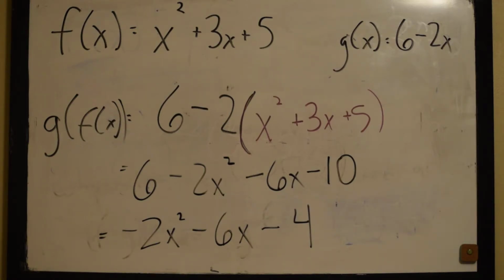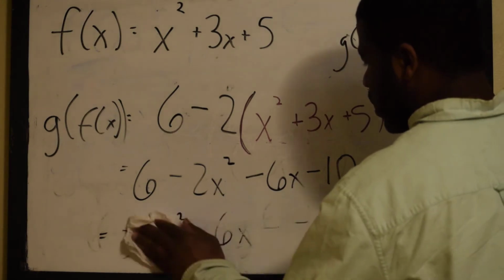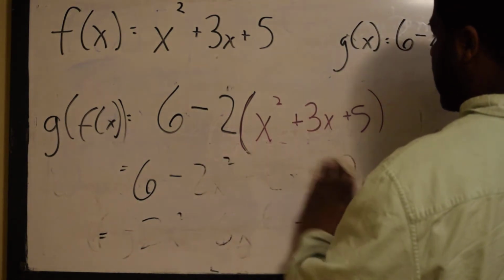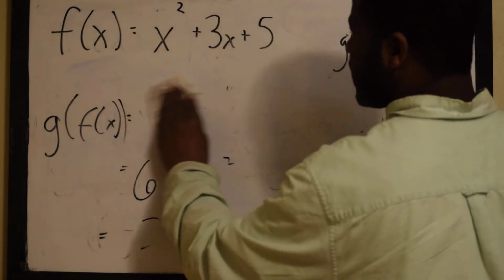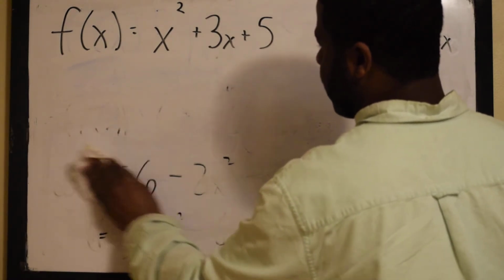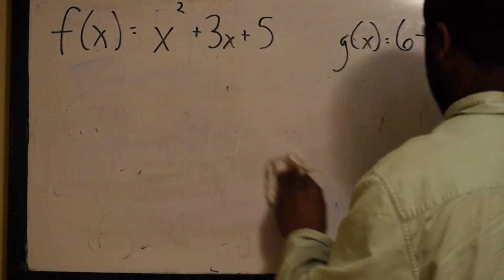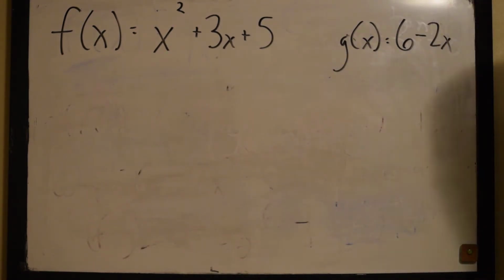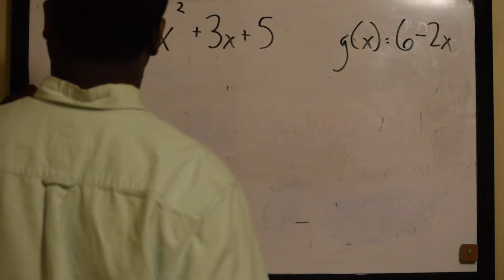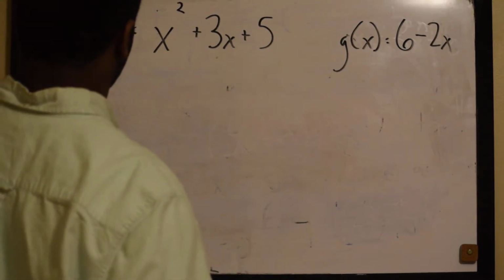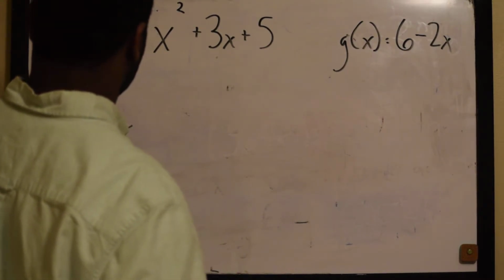Okay, now this one is a little bit more difficult, but it's fine as long as we stay disciplined and do the things that we need to do. Okay, now we're going to say f of g of x.